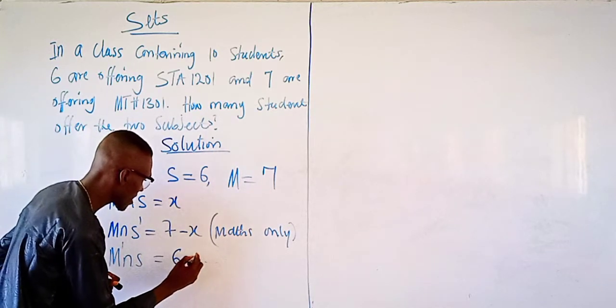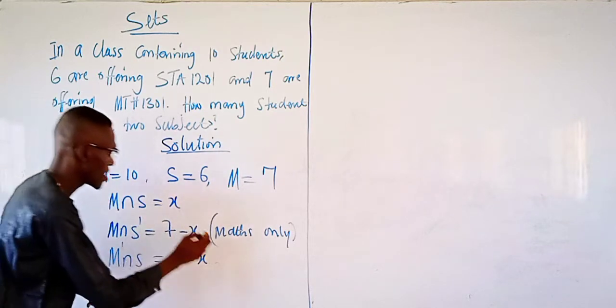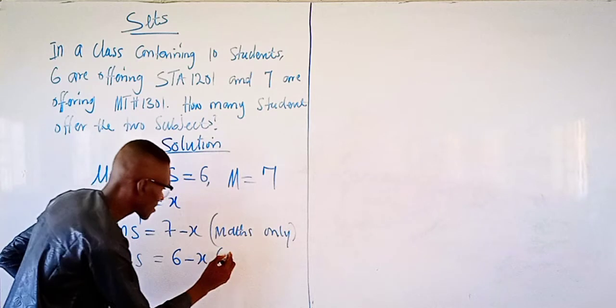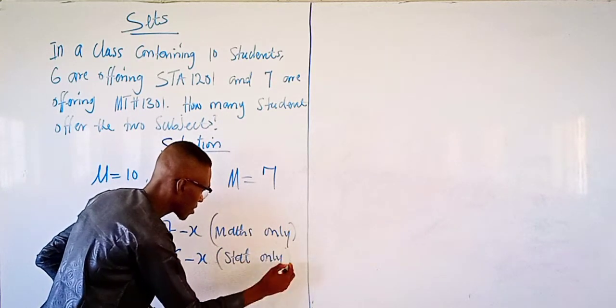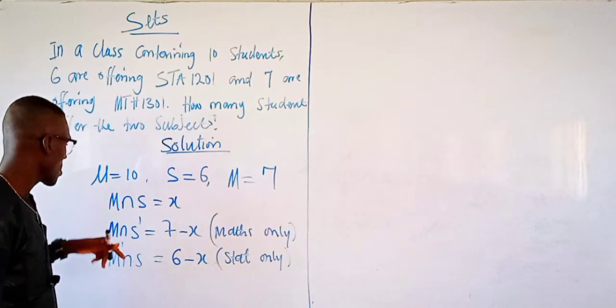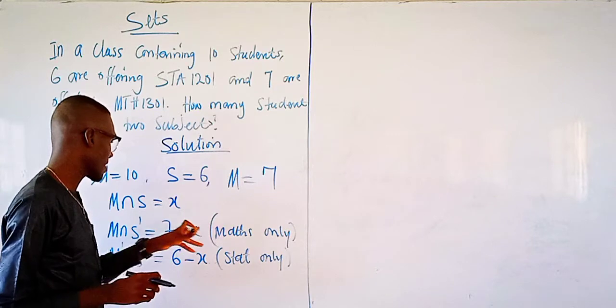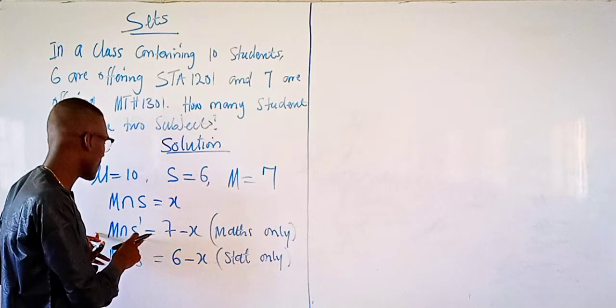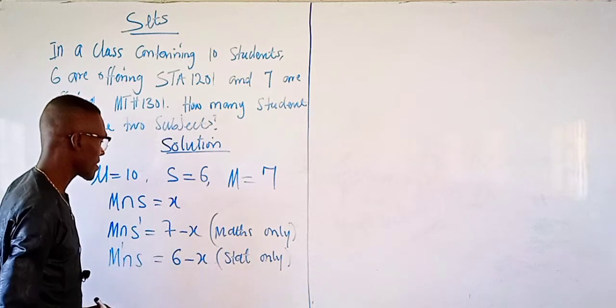So 6 minus X, where X is the number of students that offer the two, right? So I'll call this very point statistics only, right? So you can see that we subtracted the total number of students that offer the two subjects, which is X. We subtracted from that of maths, subtracted from that of statistics, and we have numbers like this, right?